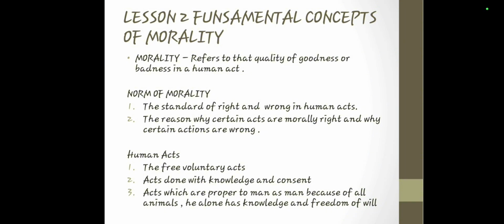So you will be acting properly when you are interacting with another person, because as we all know, among all living organisms here on earth or in the universe, we are knowledgeable and we know our freedom of will. Okay, so that is what number three wants to tell us.